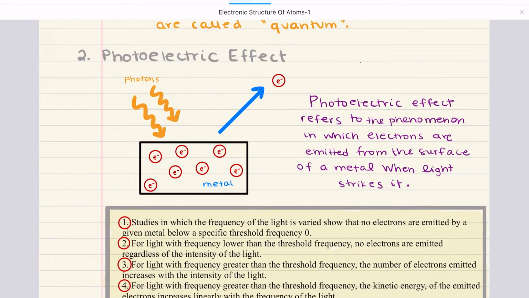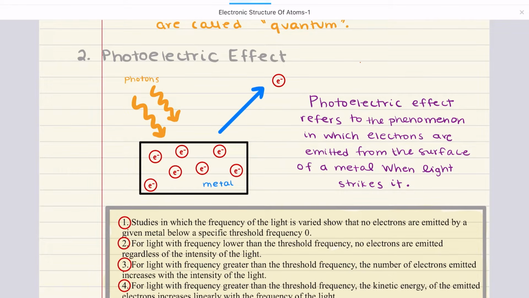But then when the frequency of the light exceeds that of the threshold frequency, then electrons are emitted, and their number actually increases with higher light intensity. In addition, the kinetic energy of those emitted electrons also rises with increasing light frequency above that threshold, meaning the electrons are ejected at higher speeds.